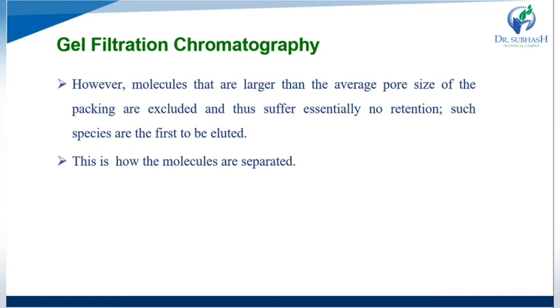Such species are the first to be eluted. This is how the molecules are separated. This is gel filtration chromatography, also known as size exclusion chromatography, because it separates molecules by size.